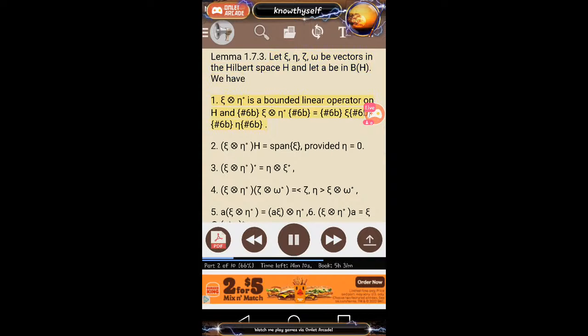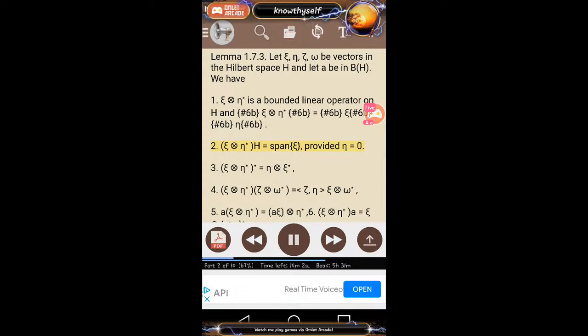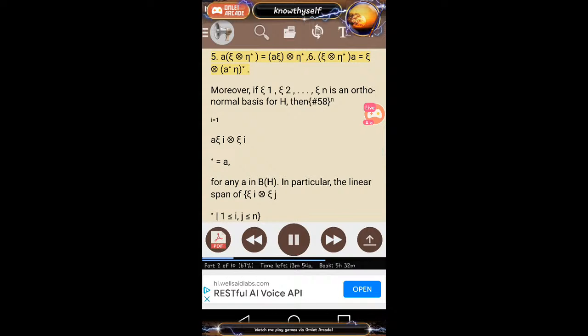We have 1. theta_{xi,eta} is a bounded linear operator on H and its norm equals the norm of xi times the norm of eta. 2. The range of theta_{xi,eta} equals span of xi, provided eta is not 0. 3. theta_{xi,eta} star equals theta_{eta,xi}. 4. theta_{xi,eta} theta_{zeta,omega} equals <zeta, eta> theta_{xi,omega}. 5. a theta_{xi,eta} equals theta_{a xi, eta}. 6. theta_{xi,eta} a equals theta_{xi, a star eta}.